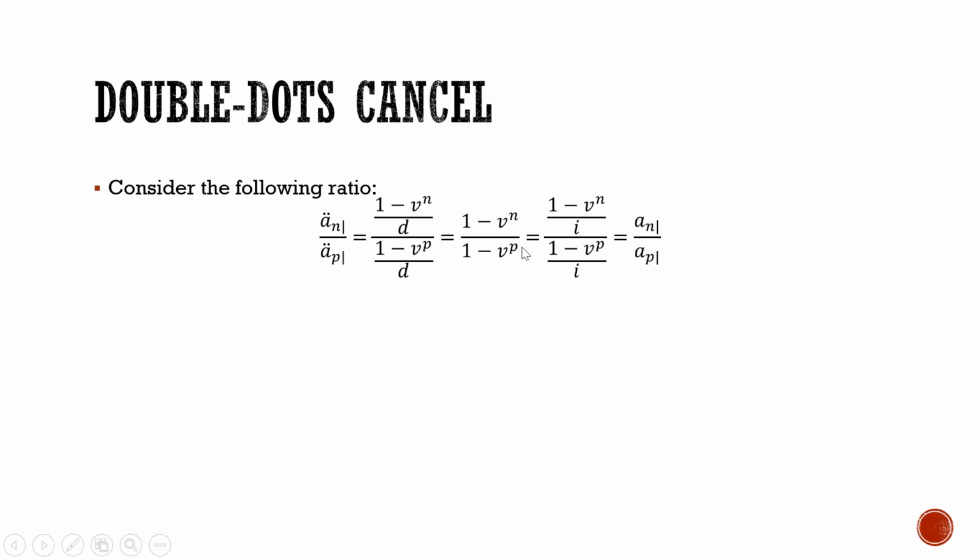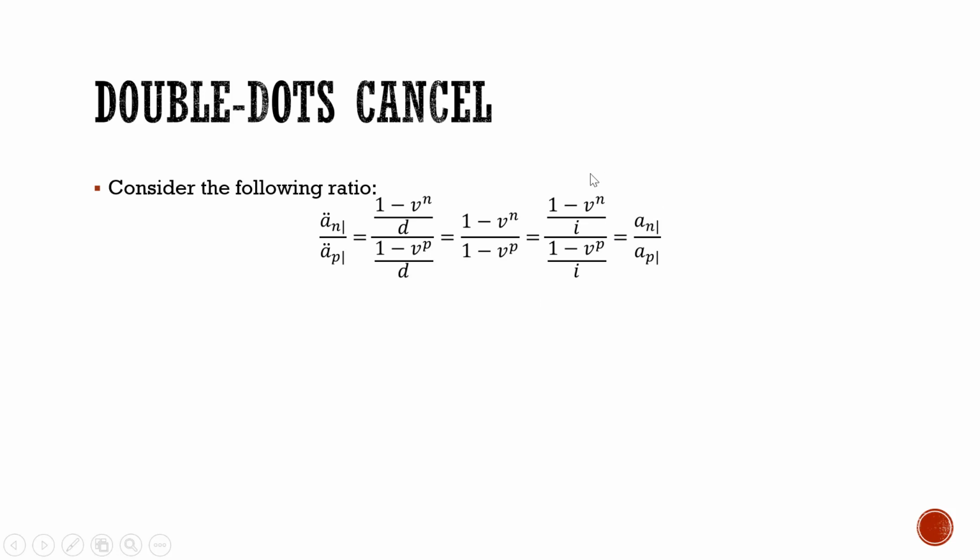We want to show the double dots cancel, so we try to manipulate this ratio into the ratio of two annuity immediates. On the top we divide by i, and at the bottom we divide by i, because we want annuity immediates to appear.